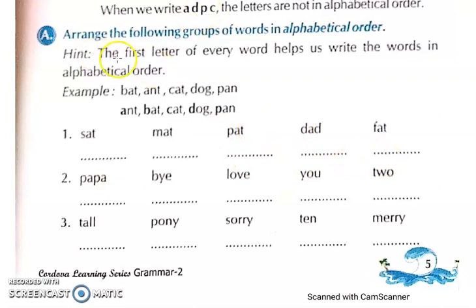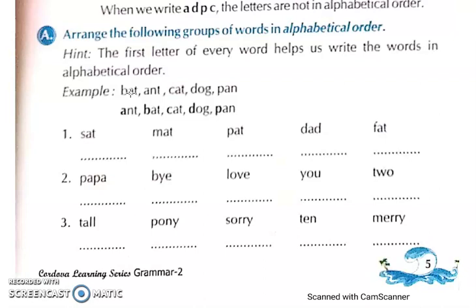See, the first letter of every word helps us write the words in alphabetical order. सारे जो words है उसका हमें first letter देखना है. See, the first letter is in bold. We just have to see the first letter, and then we have to identify.